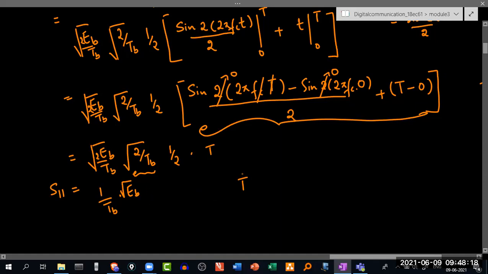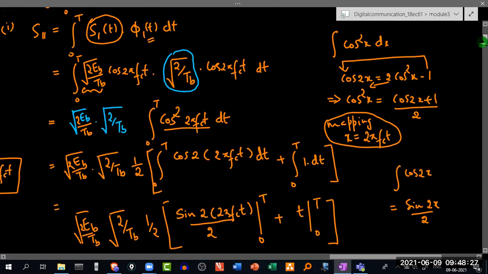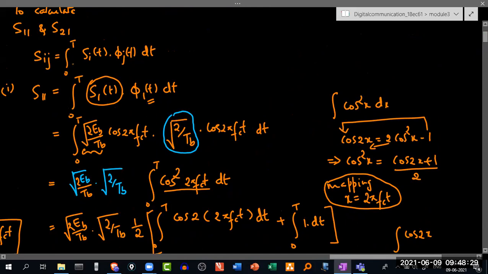Now here, let's concentrate on this T. What is this T equal to? This T that we are using to integrate is nothing but the 1-bit interval. So this 0 to T integration is an interval that corresponds to Tb, the 1-bit interval.